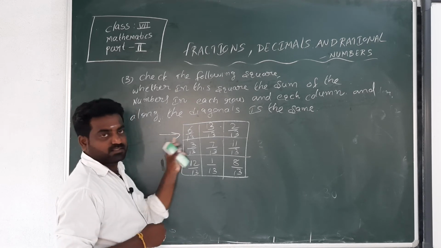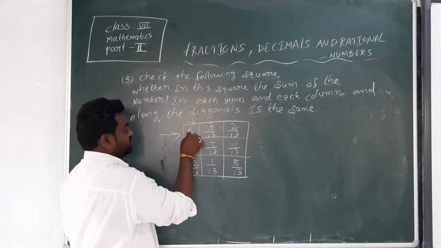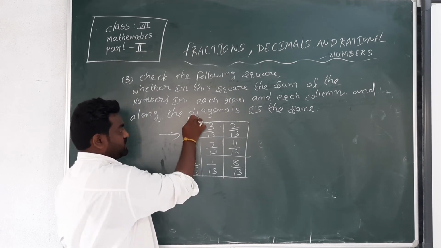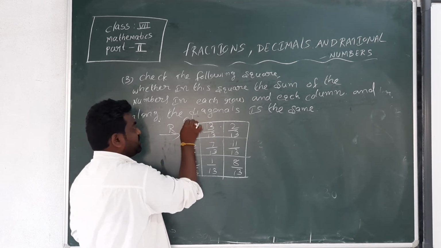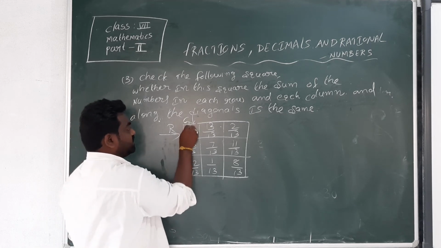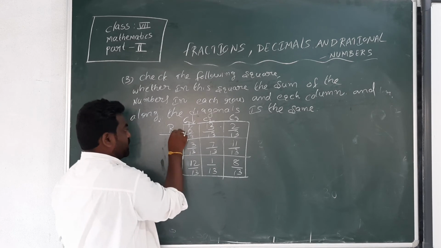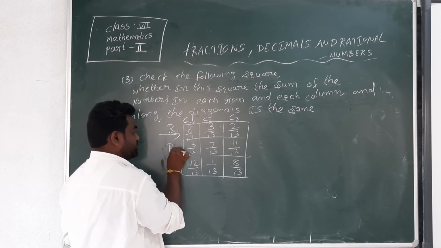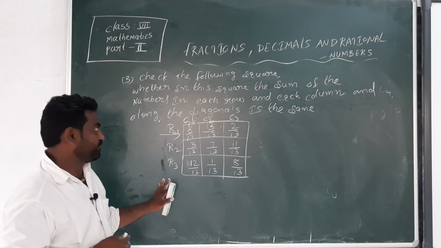this arrow mark means a row, and these are the columns. R means row, C means column. Here C1, C2 second column, C3. Row 1, second row R2, R3 means third row.